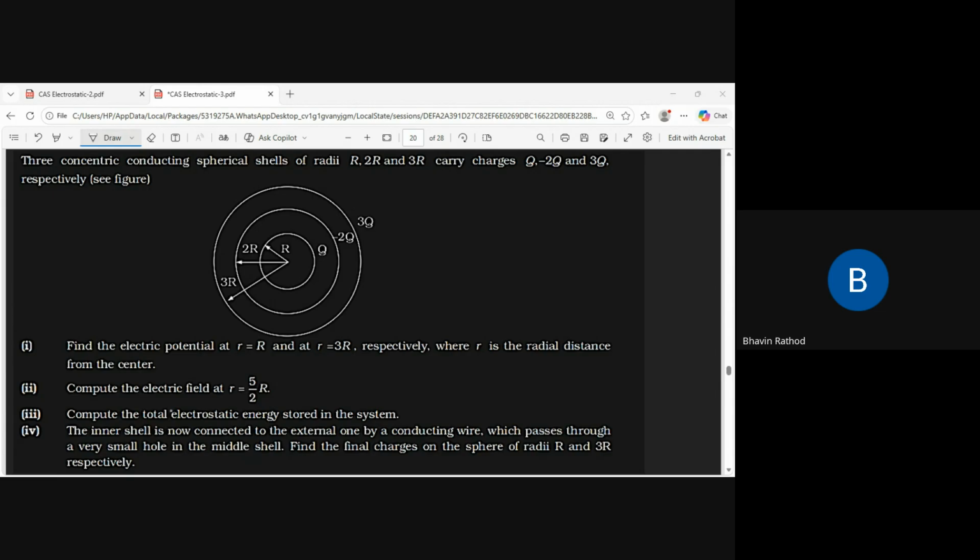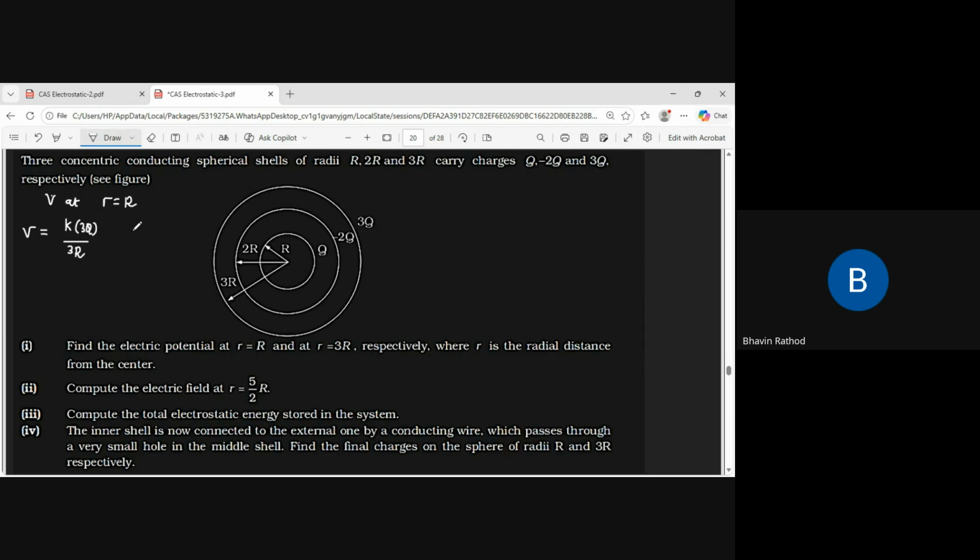Okay, so let us see how we can solve this. First, let us find the potential at r equals R. Because of the outermost shell, it will be equal to K into 3Q by 3R.